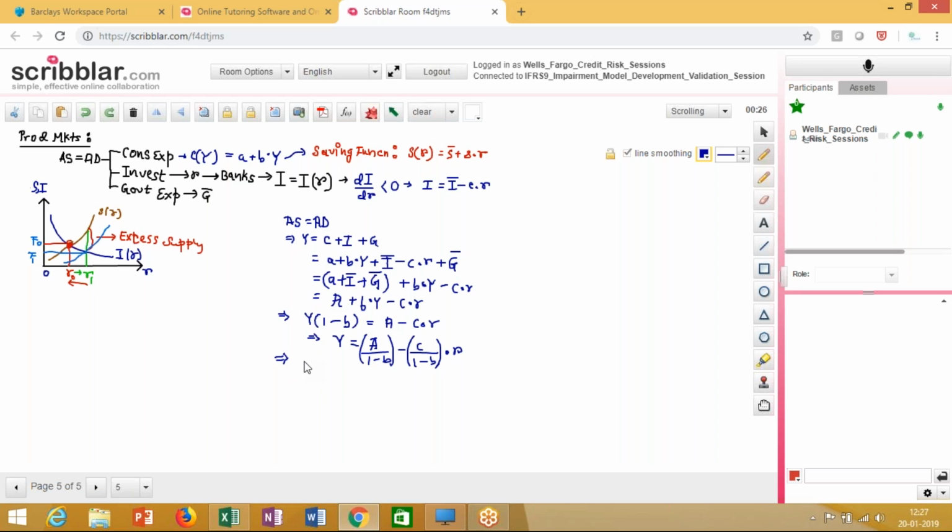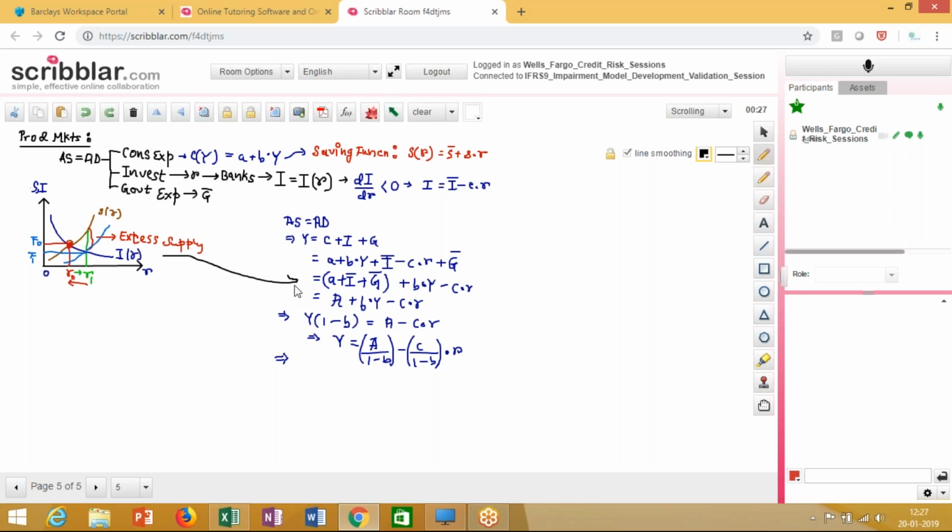One thing you can clearly see is that if the rate of interest increases, the Y in the economy decreases, right? Because as the rate of interest increases, the investment goes down. Therefore, the overall output in the economy will also go down, right? So just let me plot. This result stems from the investment savings graph that we have described over here.